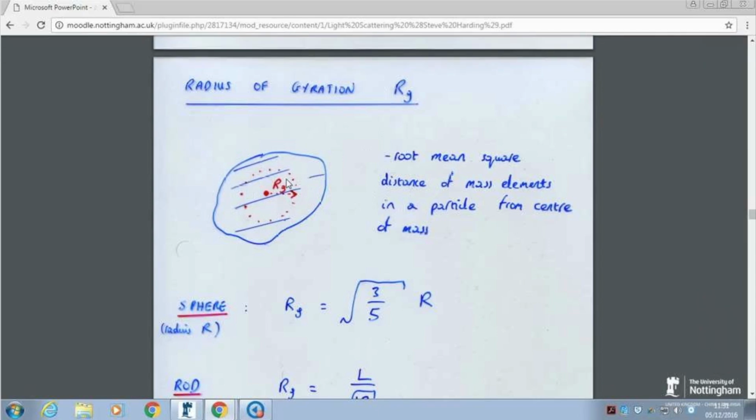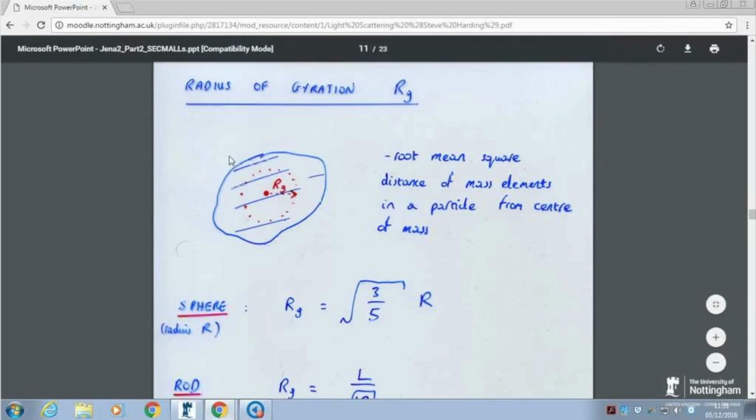And the RG has to be less than the overall dimension unless you have a ring structure where all the mass is on the outside of the protein. You never get that. It's usually distributed more or less uniformly. So the RG has to be somewhere between the center and the outer radius.